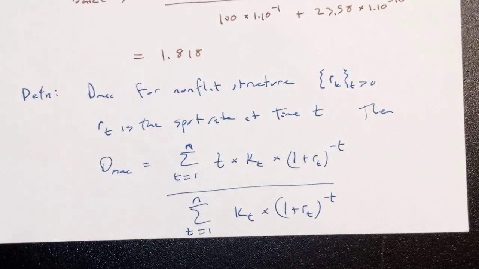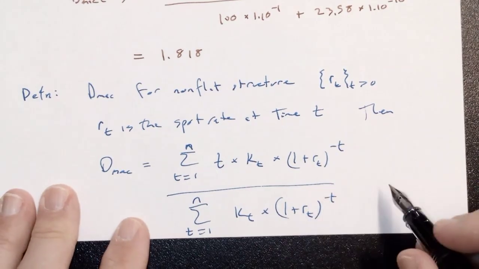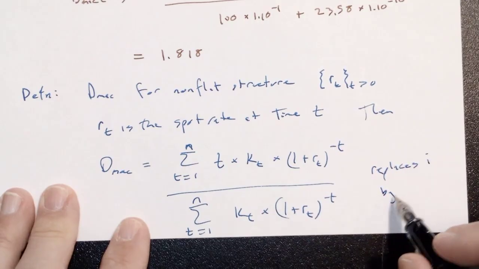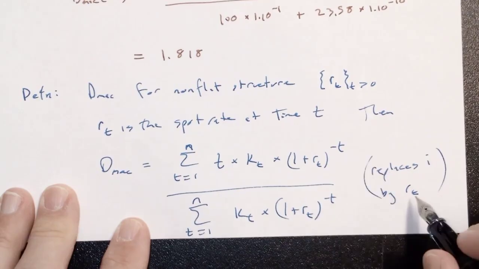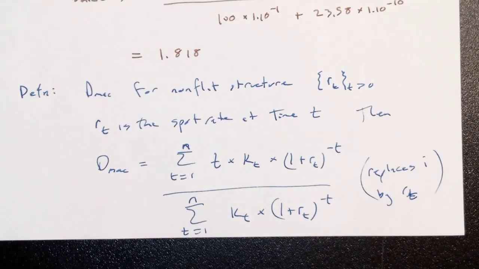It's the exact same idea. The only difference is I've replaced I by a variable rate. And this is a weighted average on time.